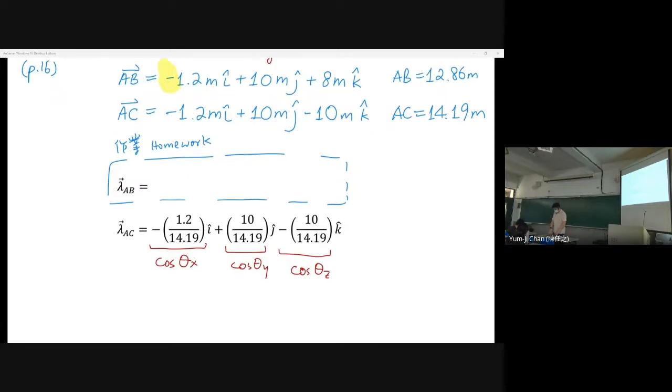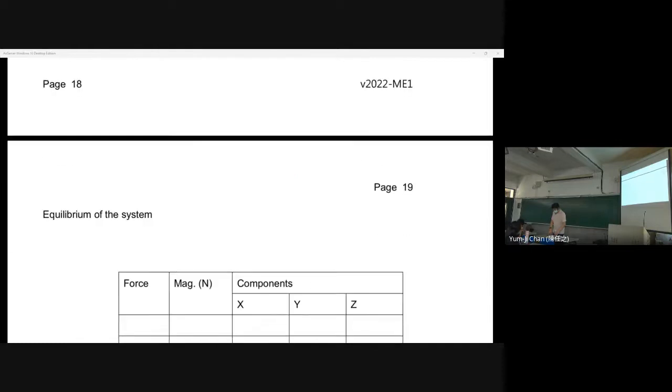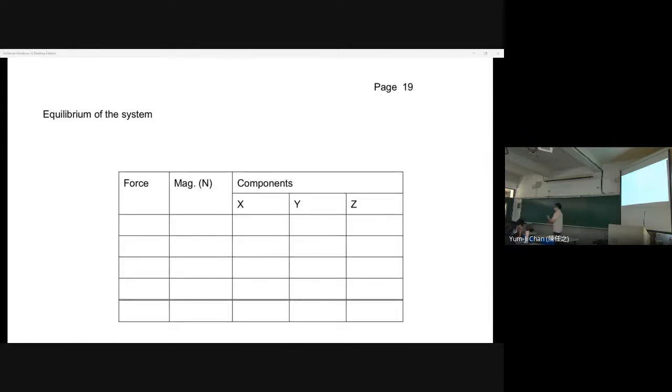Okay, so after you have marked this down, we go to the next page. After we know the directions, then we can calculate the equilibrium of the system. Of course, in the exam I know you want to calculate equilibrium, but please write down what you are calculating.